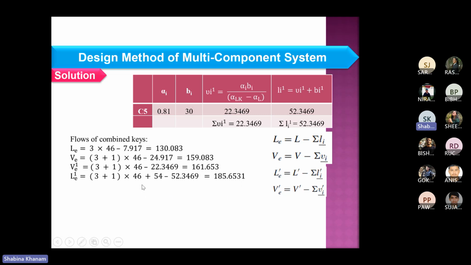So if you see here, this is based on the similar calculation as we have considered in the last class, and these are the expressions, and you can find this out easily, there is no complication.